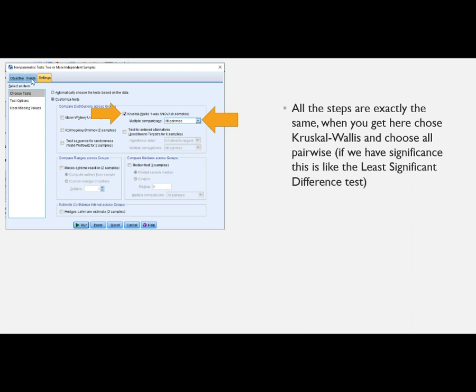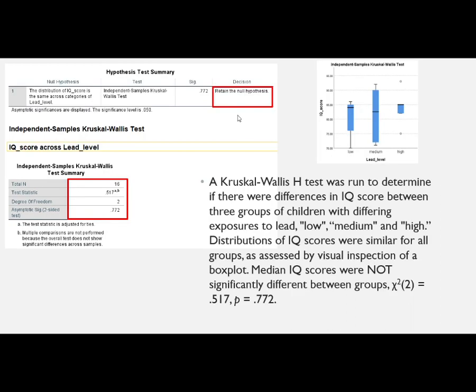Now we would choose fields, move over the continuous variable, move over the grouping variable, then click Settings and click Customized Tests, and you'll see this in the homework video as well. You click Kruskal-Wallis one-way ANOVA, and it automatically populates this all pairwise. We're just going to leave that alone. That's like a post hoc test. Remember the LSD, least significant difference test? That's what that is. So we do that, and we click Run.